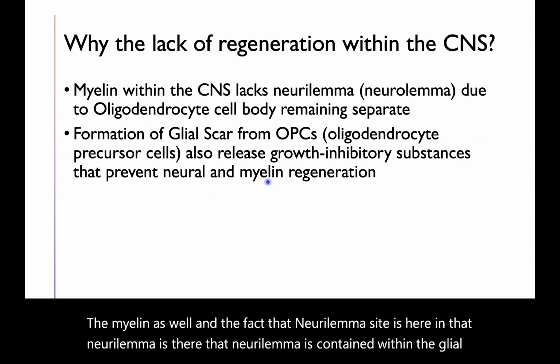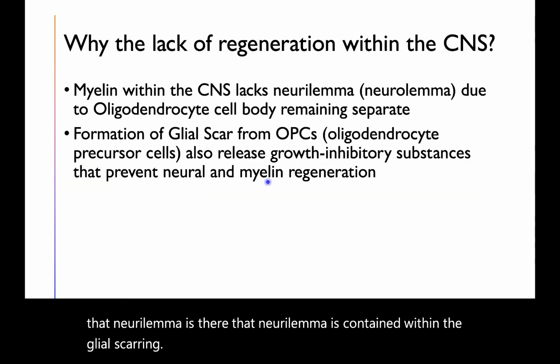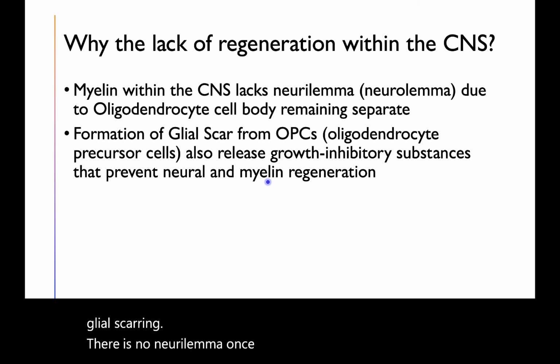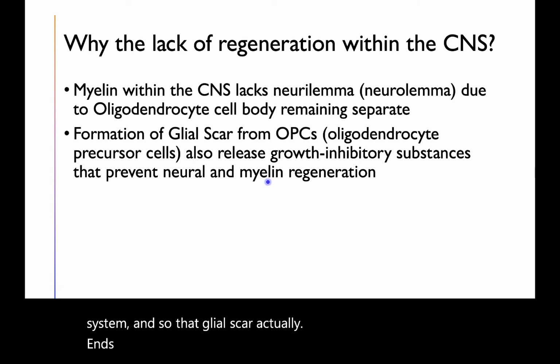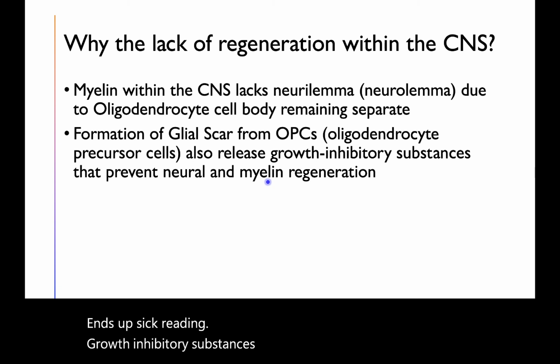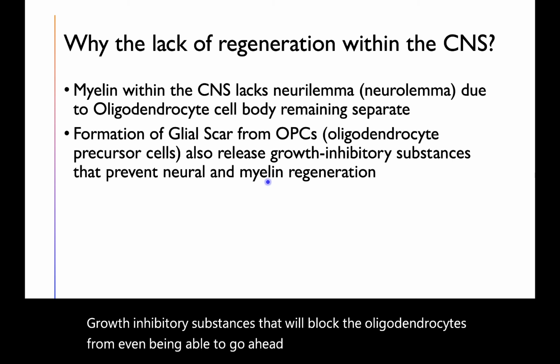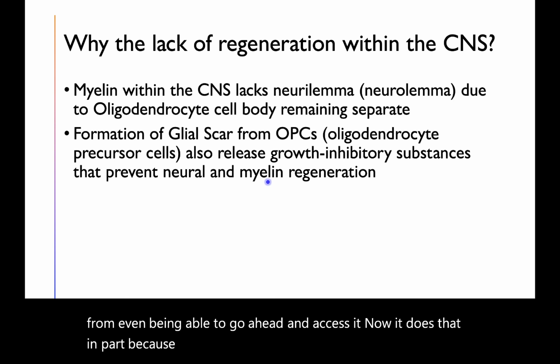Well, there is no neurolemma, once again, within the central nervous system. And so that glial scar actually ends up secreting growth inhibitory substances that will block the oligodendrocytes from even being able to access it. Now, it does that in part because it's trying to protect what is still there. Right?